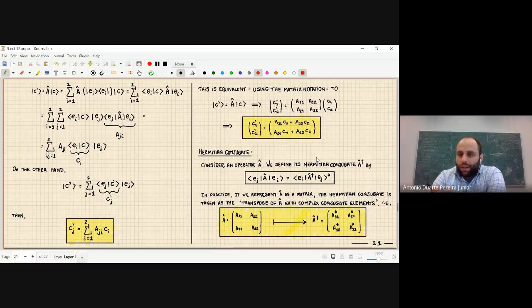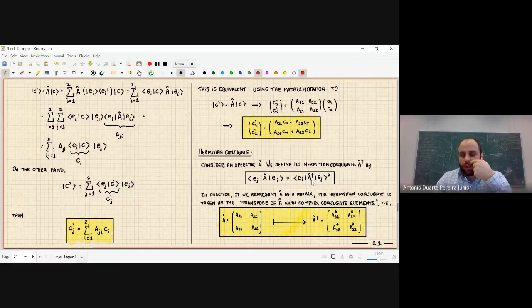But what does it mean in practical language? You see that here I have the element ji of the matrix A, and here I have the complex conjugate of the element ij of the matrix A dagger.